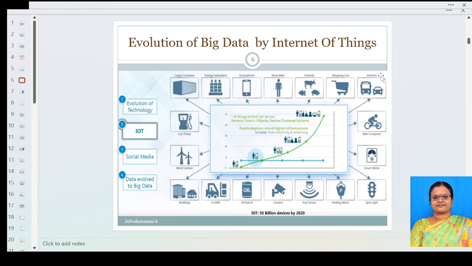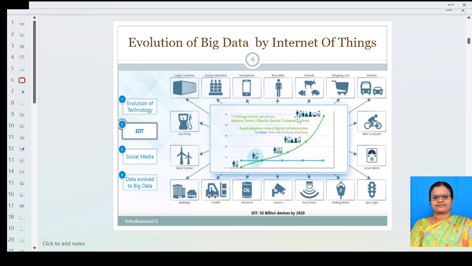Then if you see the evolution of big data by means of internet of things, in earlier days a person would have one device, but now it has improved to one person controlling six devices. The six devices might be a smartphone, some wearables, a smart shopping cart, a bike or smart meter, parking meter, some sensor device, or some camera.